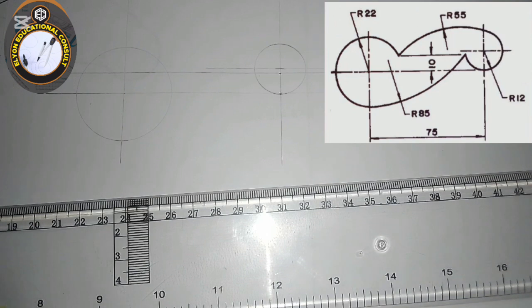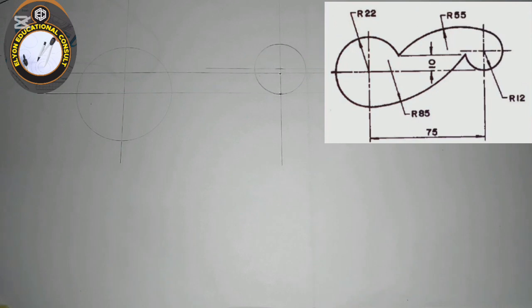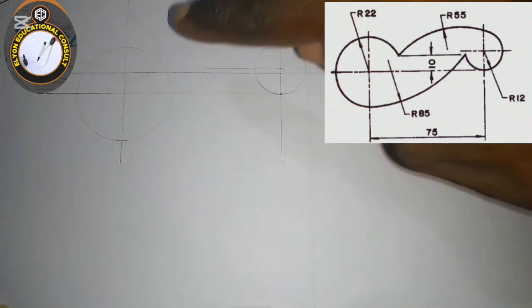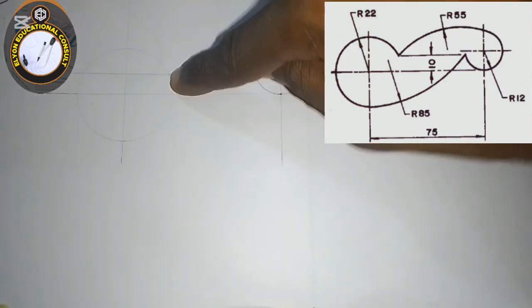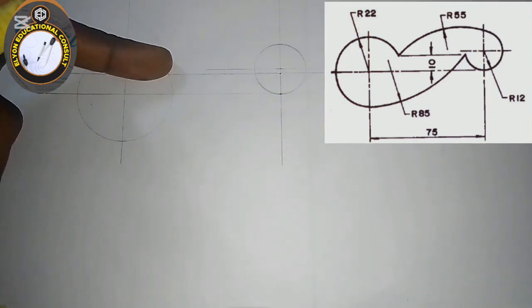The next thing we are going to be doing now is to draw the arc. To get the arc, applying the principle of tangency. Now what we are going to do at this point here, we are going to be applying the principle of arc to a point.